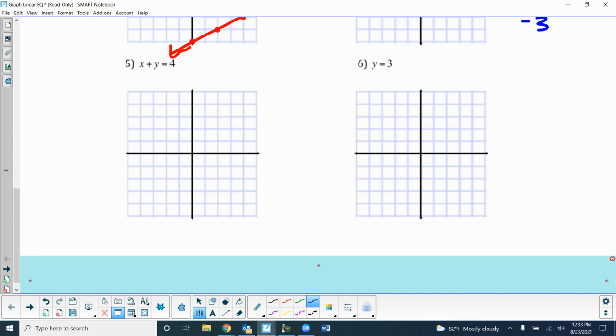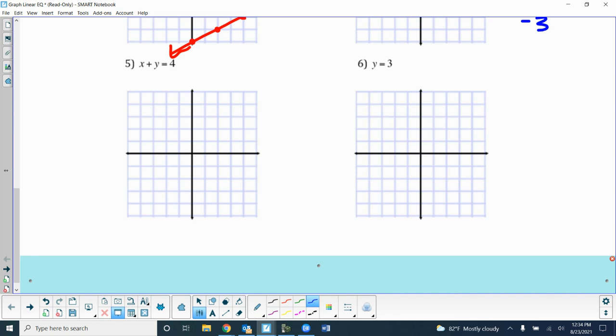Subtract the X from the other side. You did it wrong. No, I didn't do it wrong.